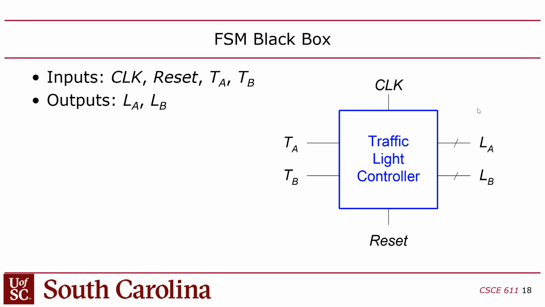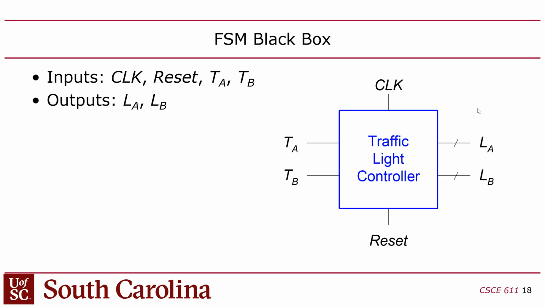Then there are 2 inputs that indicate whether there's traffic on either one of those streets. So there's a traffic sensor on each of those streets. If there's traffic, that's my input, and then I can set the traffic lights, which is the output. And then of course there's got to be a clock and a reset. So a finite state machine has inputs and outputs, and then clock and reset.